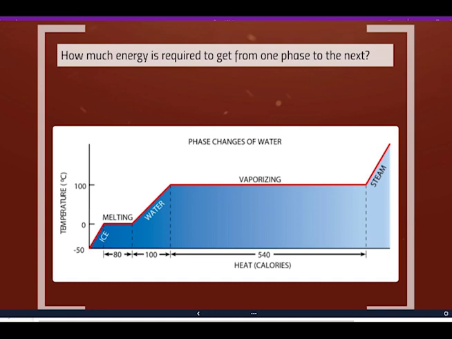This down here says 80 calories, which is 335 joules for every gram. Hey, that's way more than ice was, wasn't it? It was 2 per gram for ice. But then here it's 335 joules per gram. That's true.